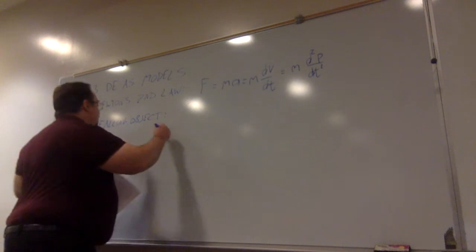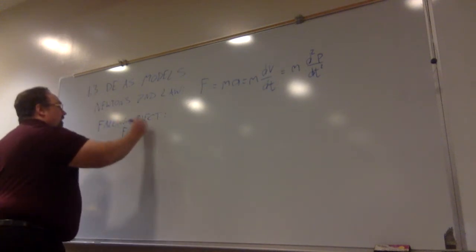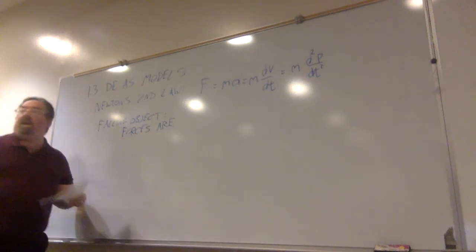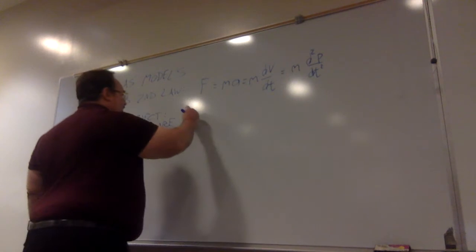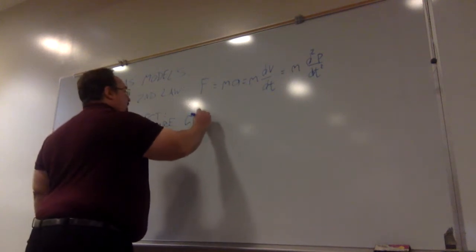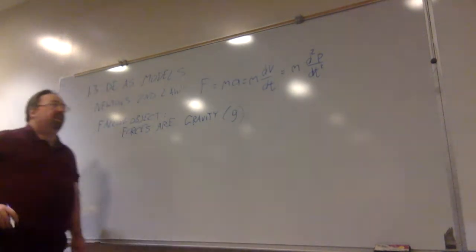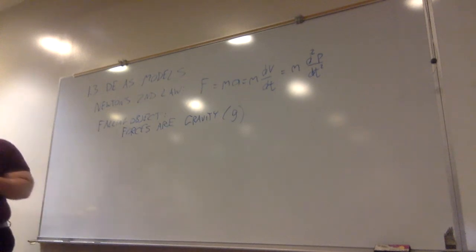So we need to keep to account the forces that are acting on the object. What will be one force that is acting on a falling object? Gravity. The gravity is the most obvious one. So that's going to contribute g to the acceleration.